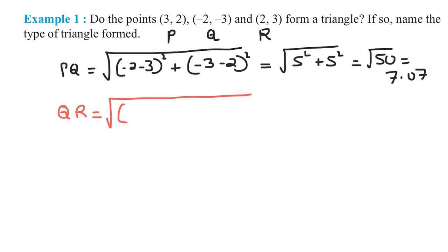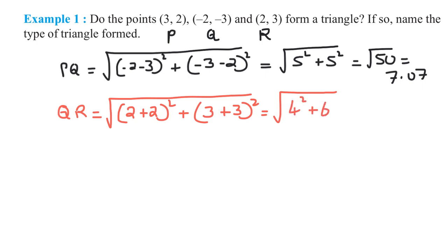We are looking at QR now. x2 minus x1, 2 minus minus 2 becomes plus 2 the whole square, plus y2 minus y1 the whole square. 3 minus minus 3 becomes plus 3 the whole square, and that is going to be equal to square root of 4 squared plus 6 squared.